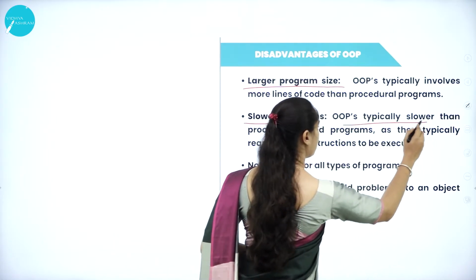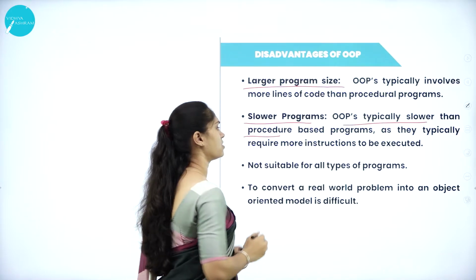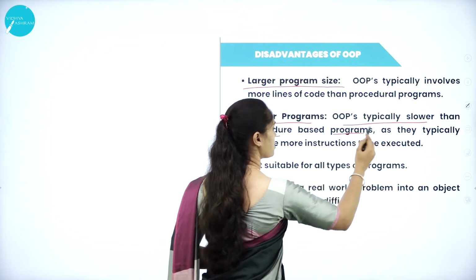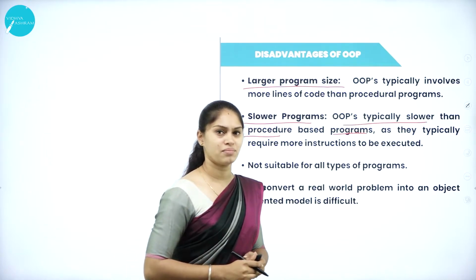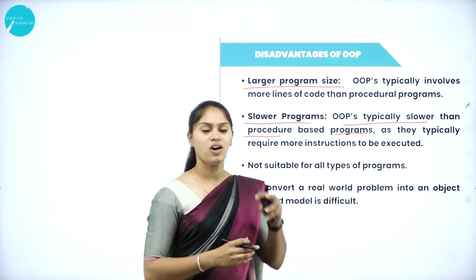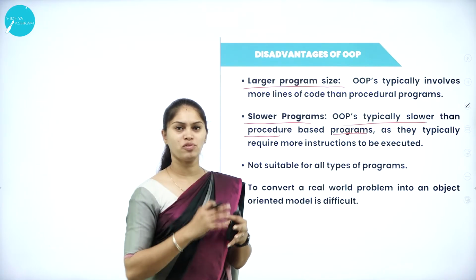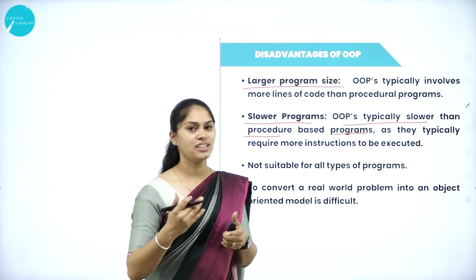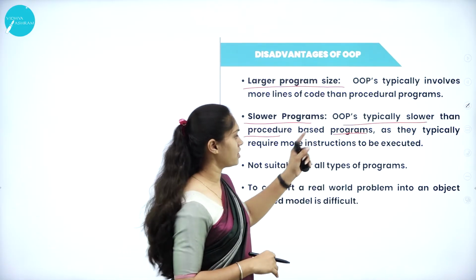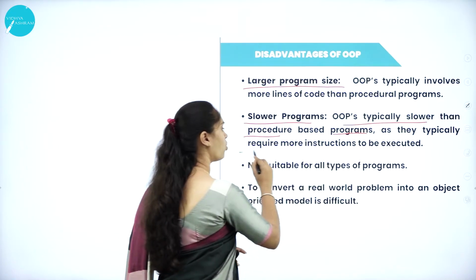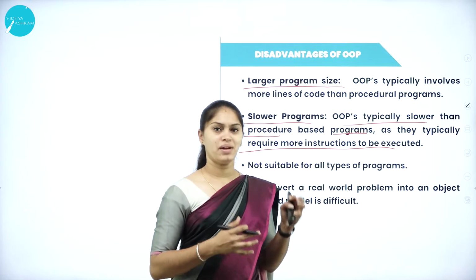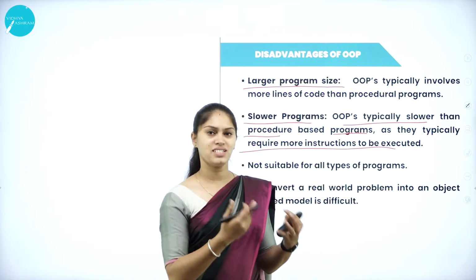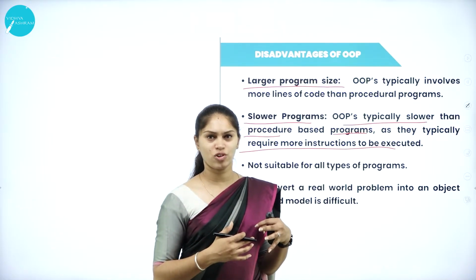Typically it will be slower than procedure-based programs. If the program is too lengthy, then it will take more time, right? If it is short, or of moderate length, then it will be easy, as they typically require more instructions to be executed. Are we going to implement a simple or a complex software just by writing 2-3 lines of code?